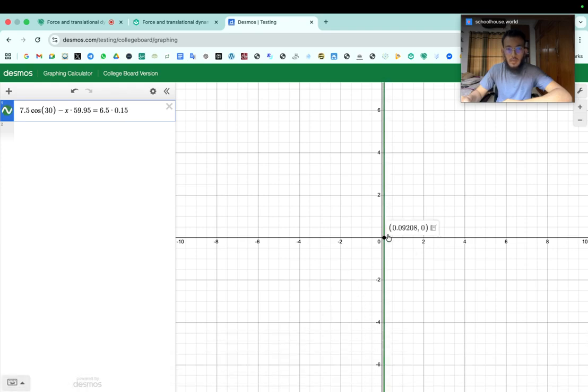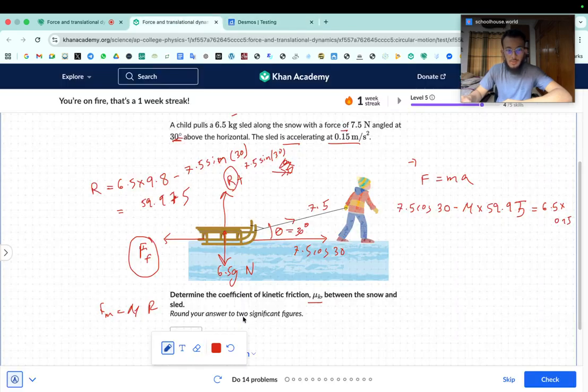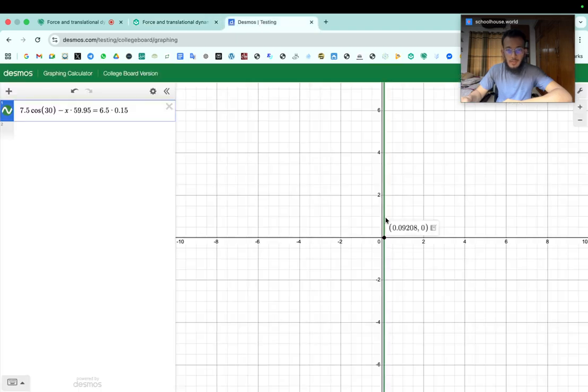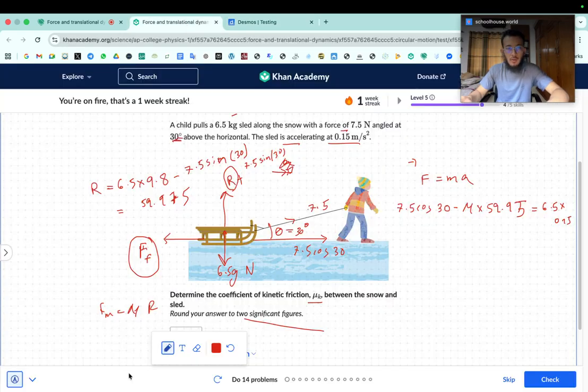What do we have? We have, in two significant figures, 0.092. Two significant figures means 0.092. This is the mu value that we are looking for.